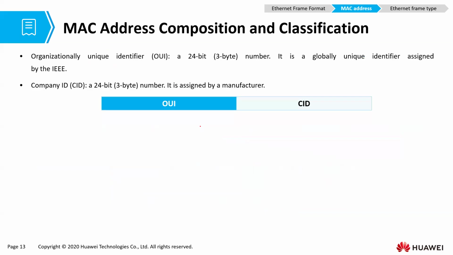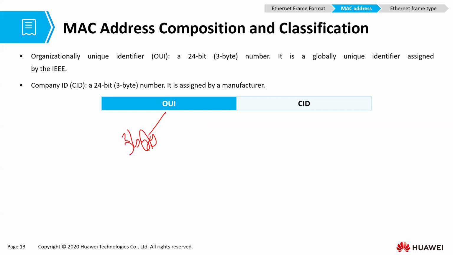Composition and classification. The MAC address here has 3 bytes that make up the OUI, which is the part assigned to a manufacturer by the IEEE. The IEEE is the organization responsible for standards, including Ethernet.